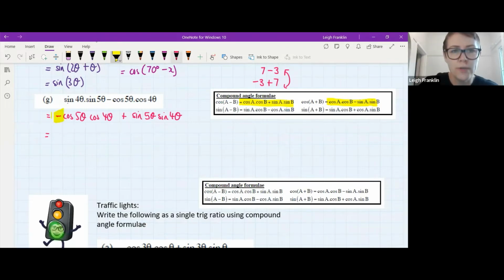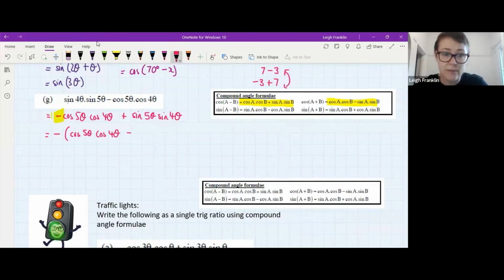So next line, we're taking out the negative. We're going to use brackets because we've got two terms, and the sign of the term in the middle is going to change. So we've got cos 5 theta, cos 4 theta, minus sine 5 theta, sine 4 theta.